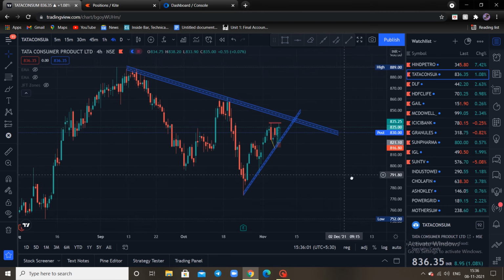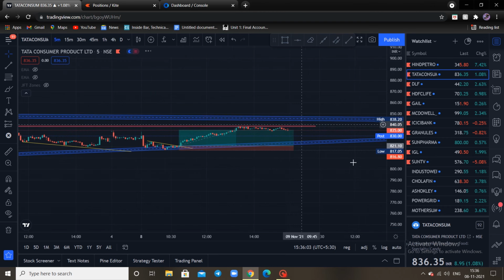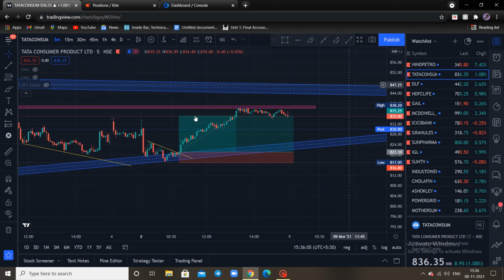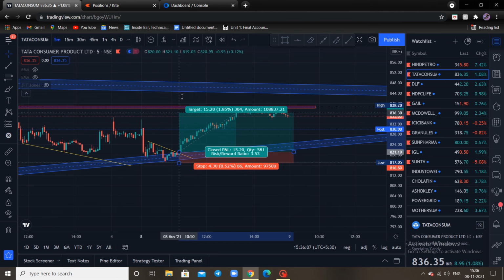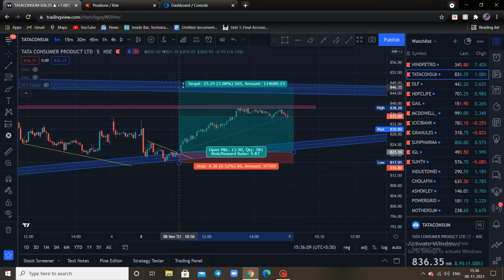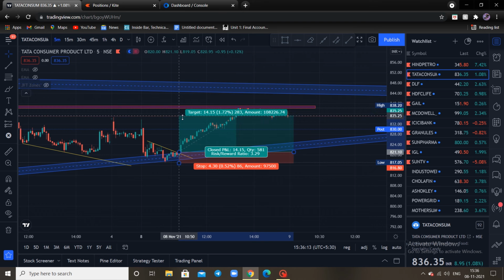Actually, that trade could have been about 1:6 risk reward ratio. Maybe we can make the target up to here. It's near 1:6, but I exceeded 1:3. That's quite good.